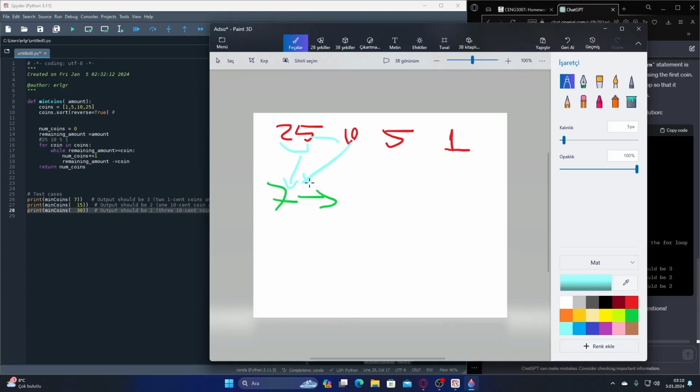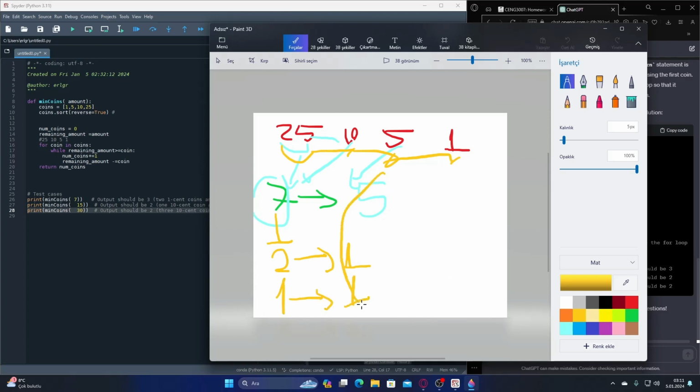It is bigger than 7, it goes to 5, it is becoming 5, then the number is becoming 2, and the same process, it's coming to 25, it's bigger than 2, then it's coming to 10, it's bigger than 2, then it's going to 5, it's bigger than 1, it's becoming 1 here, then it's becoming 1, and the same process, and there's a 3 number for us.